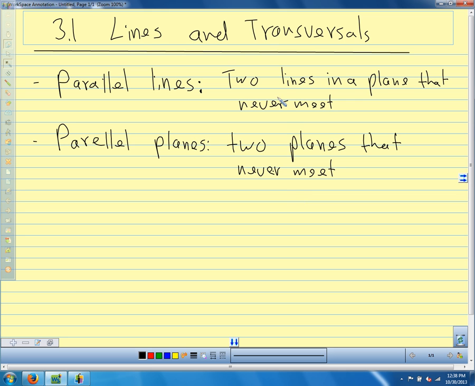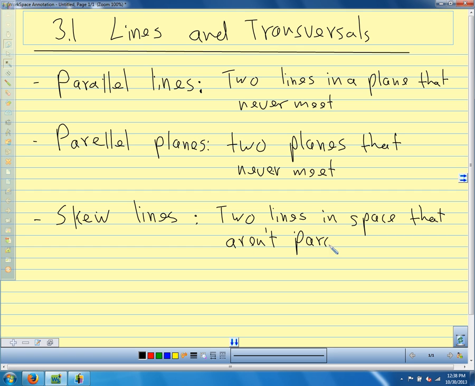Well, now we're going to talk about why we said that parallel lines are in a plane. We're going to talk about skew lines. Skew lines are two lines in space that aren't parallel and they never meet.